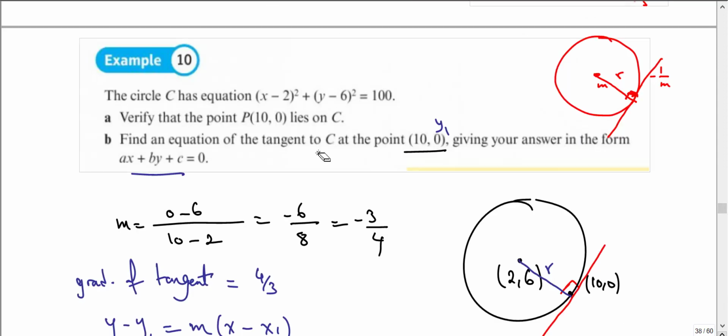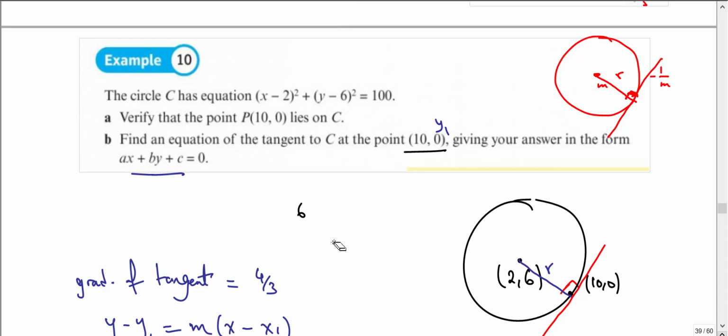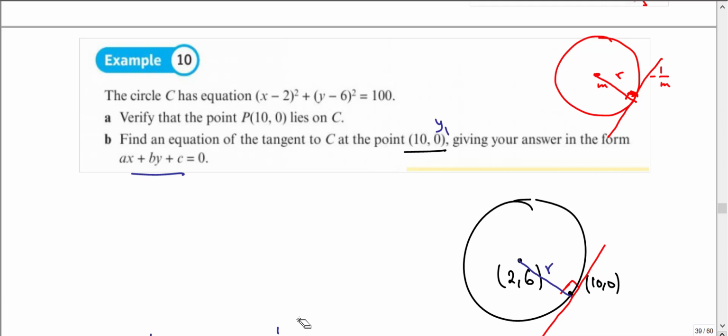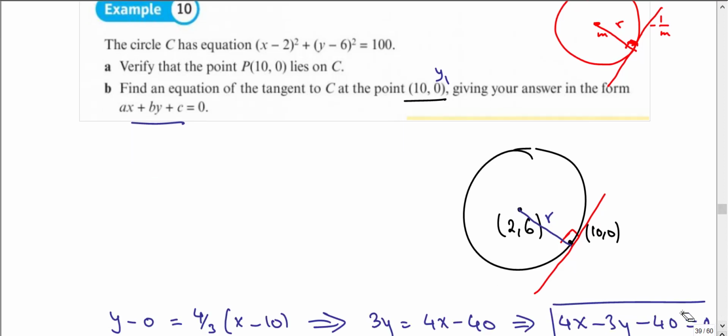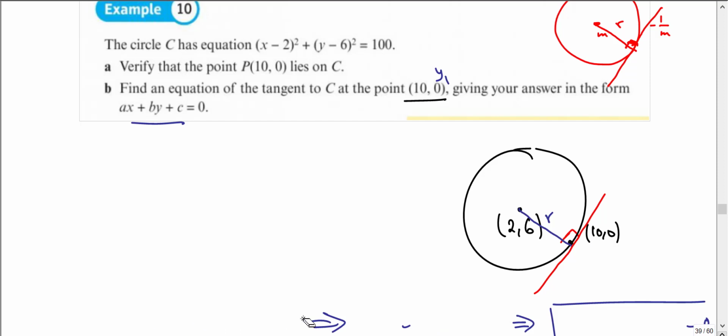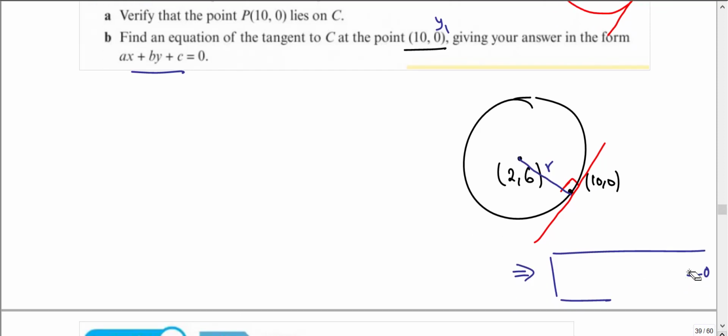Now let me explain this one. Pay attention here.